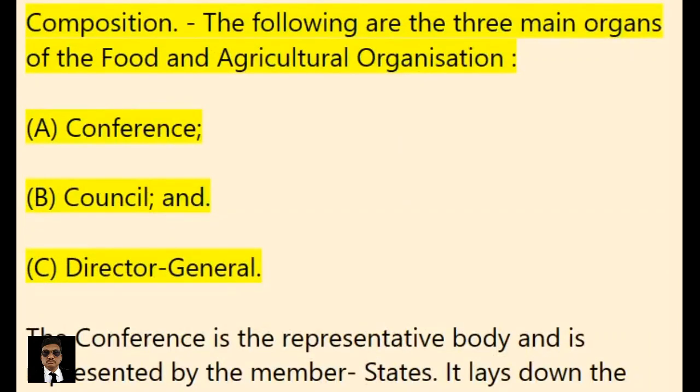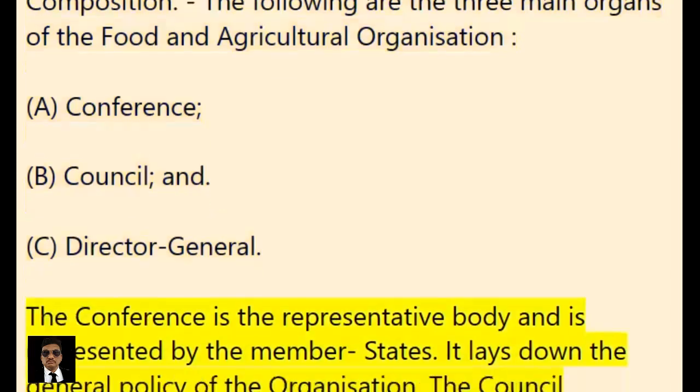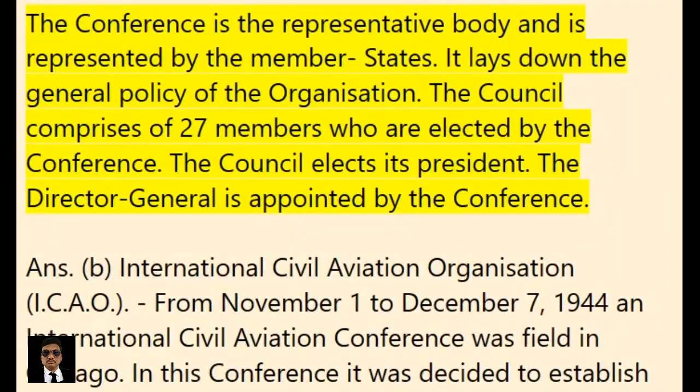Composition. The following are the three main organs of the Food and Agricultural Organization. A. Conference. B. Council, and C. Director General. The conference is the representative body and is represented by the member states.